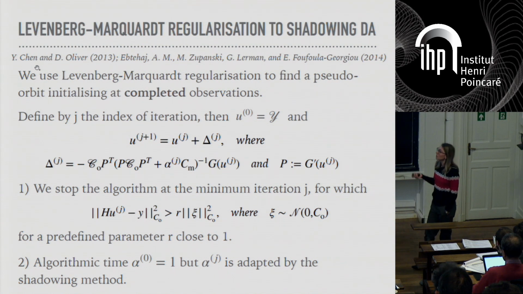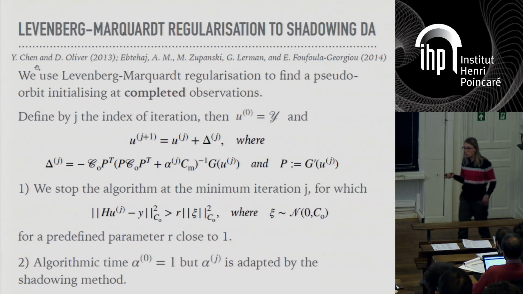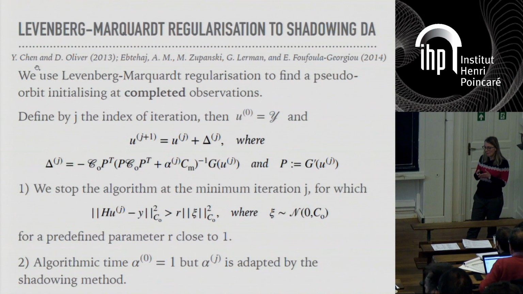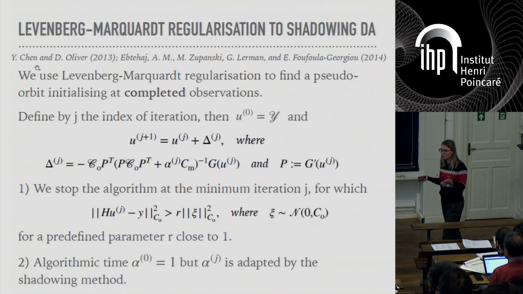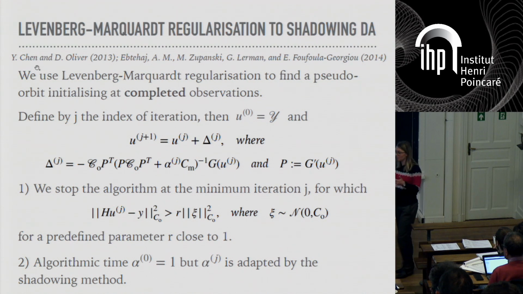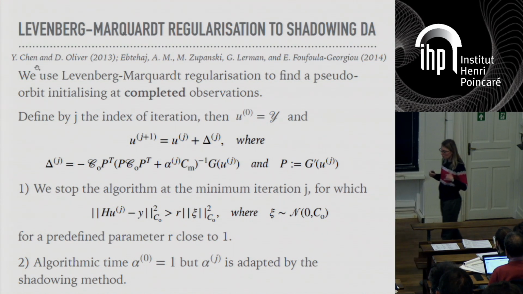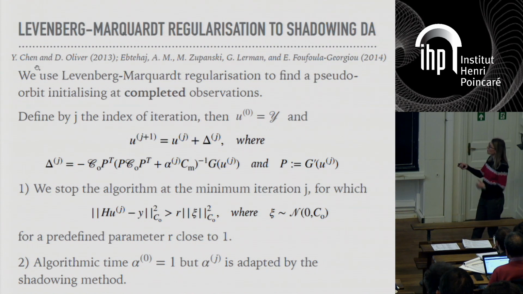And in the end, if this CM would be 0, we will basically find a pseudo orbit of the imperfect model, and this is not what we are after. So we would like to put a limit: if you're moving further away from the observations, then we stop. That's basically the idea of the stopping criterion.